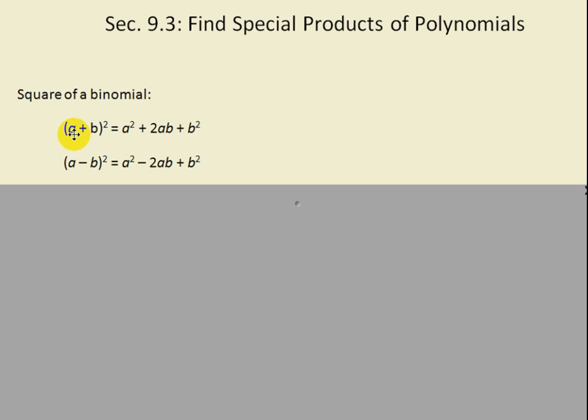In other words, square the first term, take 2 times the first term times the second term, and then square the second term. And if you were to make a square of this and see how it works out that way, you'll see why we get that form. So if we have a plus b in both the row at the top and the column on the left, so a plus b, a plus b.